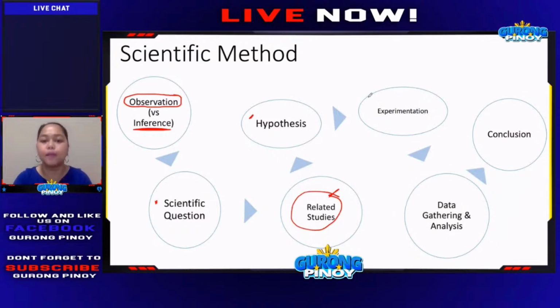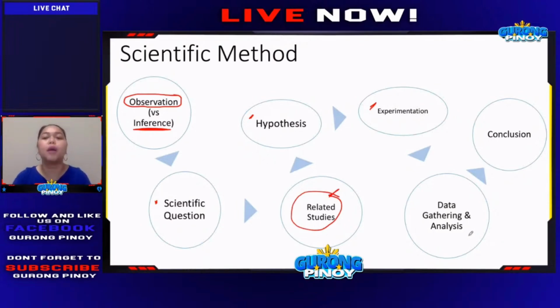Now, the next step would be experimentation. Experimentation is very important because this is how we check whether our hypothesis is true or correct or not. So we experiment. Then we can come up with our data. We gather our data, we analyze this data, we present this data through tables or maybe through graphs.